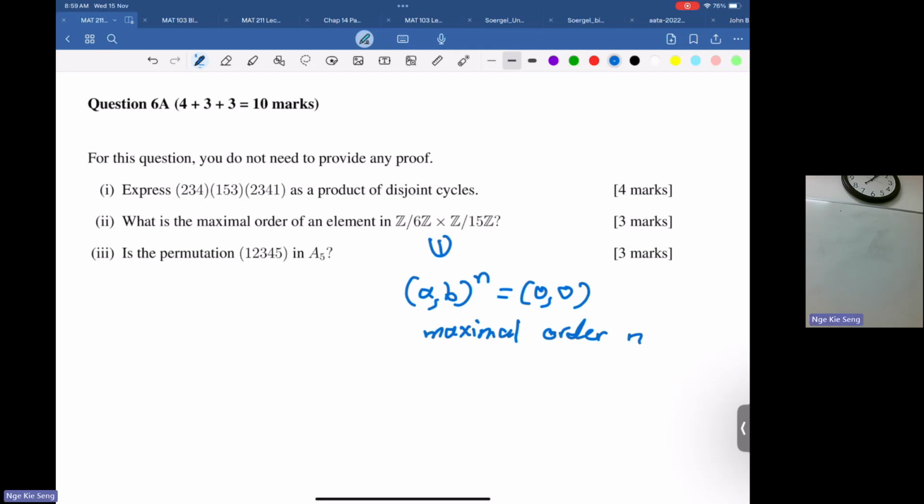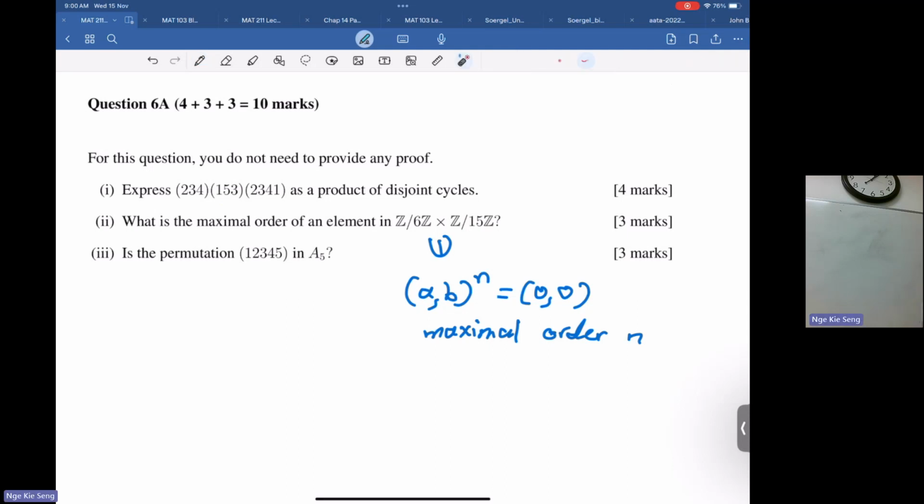Have you guys learned inf? No, you don't learn inf, lim sup? Lim sup considers the minimum of the sups and the maximum of it.